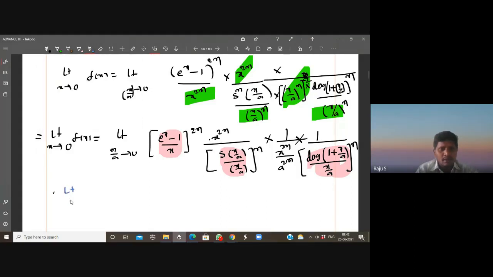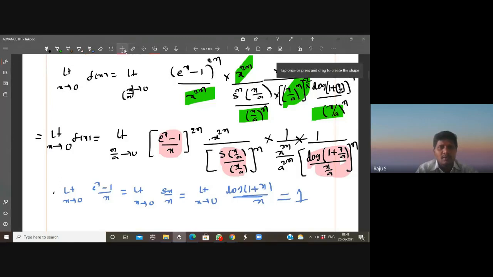Since limit x tends to 0, e power x minus 1 by x, or limit x tends to 0, sin x by x, or limit x tends to 0, log 1 plus x divided by x, it is always equal to 1.